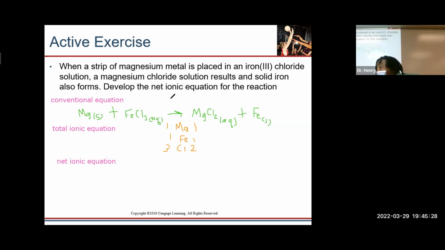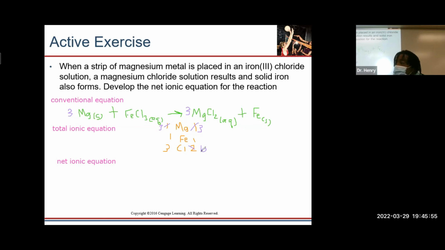3 in front of where? 3 in front of the Mg. Okay, why do I need to put a 3 in front of Mg? Okay, so then I have 3 here, and I have 3 here. But now I have 6 here.